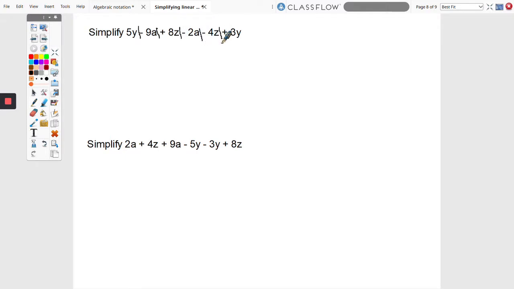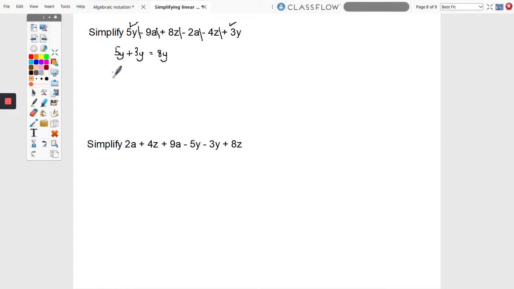So at the beginning I have a y, so I've got 5y, and I'm going to tick that one so then I know that I've used it. And if I have a look along, I've got another y here, and it's a plus, so I'm going to have plus 3y, and I'm also going to tick that one to show that I've used it. And 5y plus 3y is 8y.